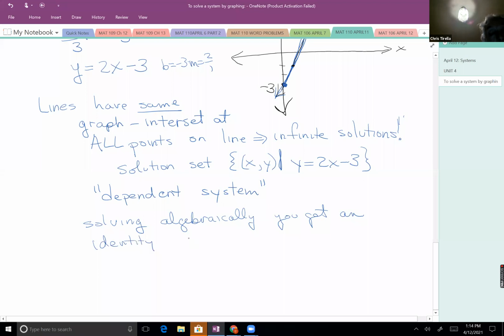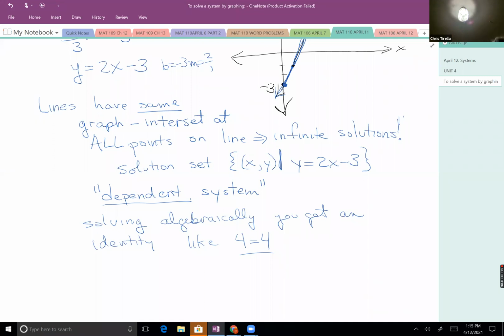An equation that says something like 4 equals 4, something's equal to itself. So dependent systems have infinite solutions. Inconsistent systems have no solutions. Consistent systems have one solution when we're dealing with linear equations.